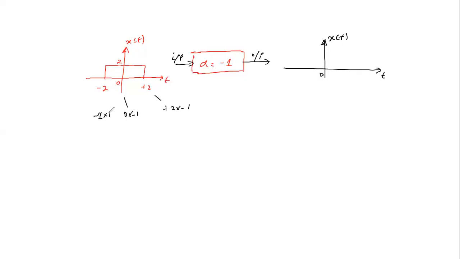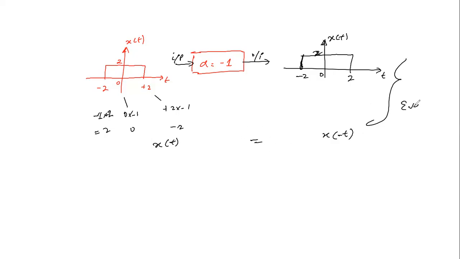This is going to give us -2 times -1, giving us 2, 0 times -1, that's 0, +2 times -1, -2. So in other words, we're going to have a replica of the same signal. This is -2, this is 2, then this is 2. Since the signal s of t and the time reverse component are the same, this signal is an even signal.